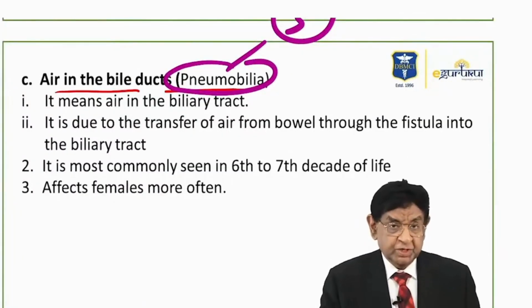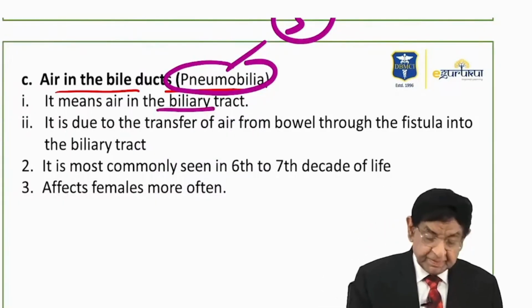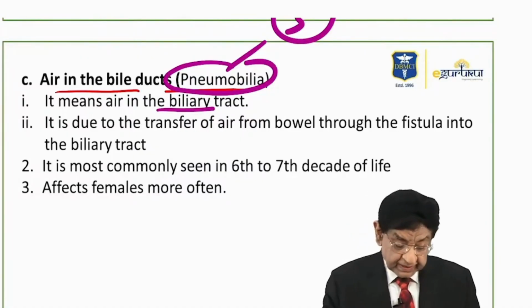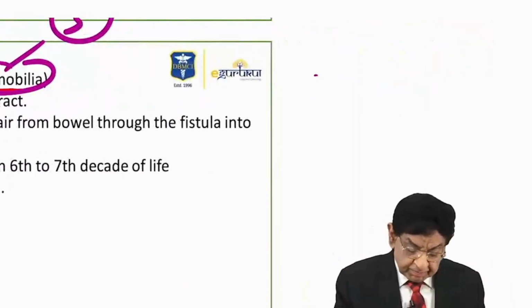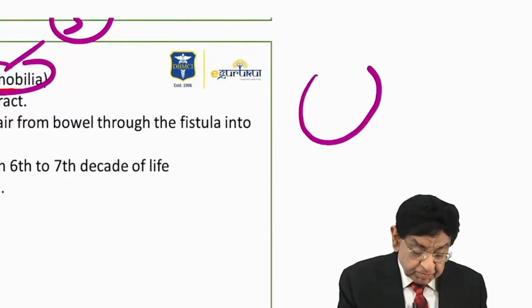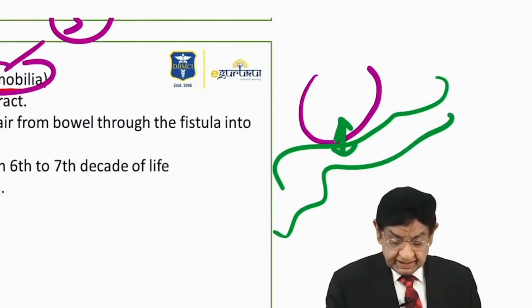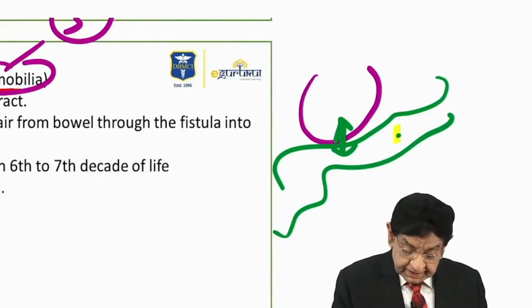Let's learn more about pneumobilia. It means air in the biliary tract. Why? Because what I told you, this is the gallbladder, this is the small intestine, and the fistula is getting made between the gallbladder and the small intestine, and intestine has a lot of air. This air can enter the gallbladder.